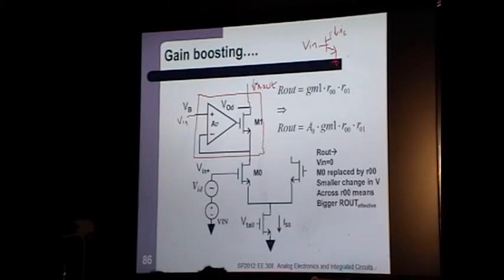The gm is, if I change V in a little bit, how much does IC change? So that's the change in IC over the change in V in. That's your transconductance.